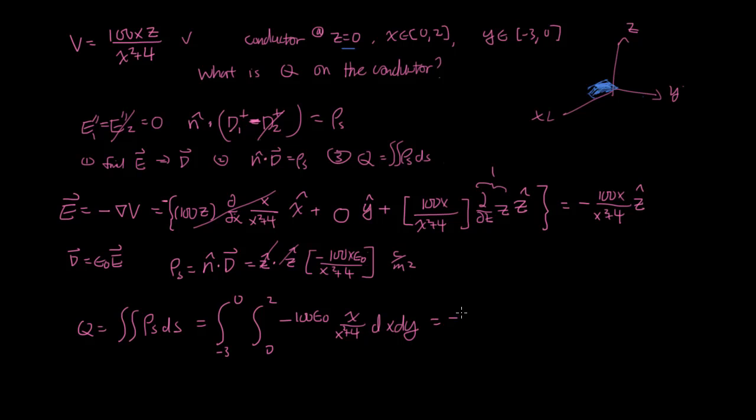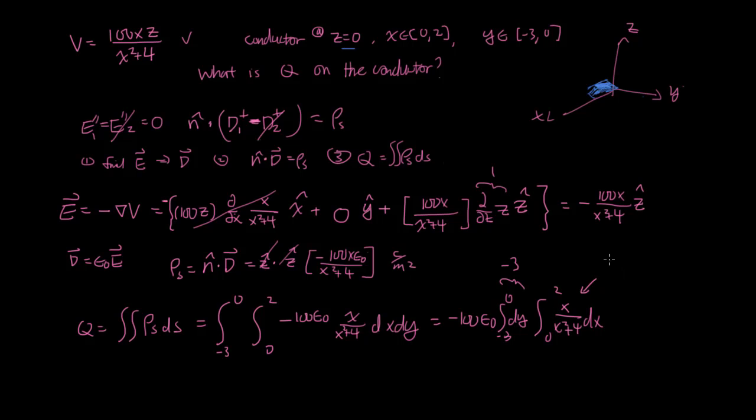We'll have minus 100 epsilon naught, the integral from minus 3 to 0 of dy, and the integral of x from 0 to 2 of x over x squared plus 4 dx. The first one is simply going to be minus 3. This other one is going to take a little bit more thinking.